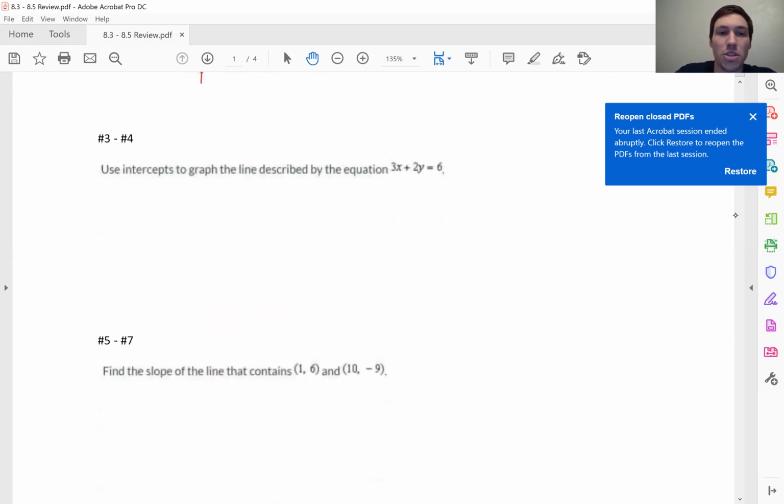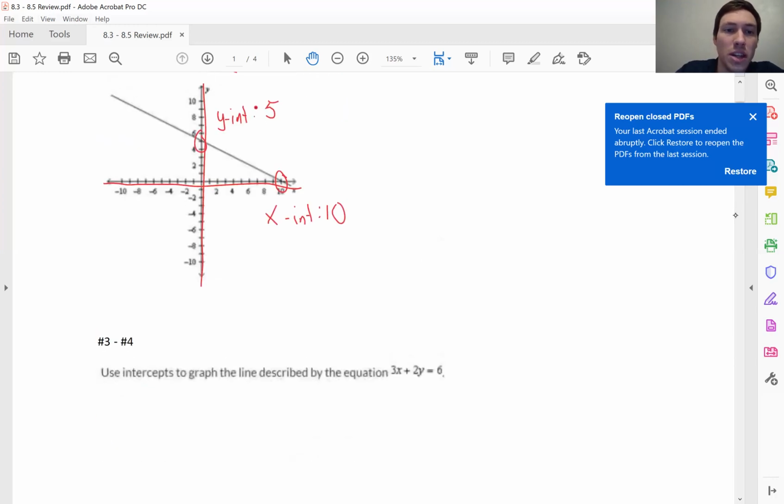Now, when it asks for it algebraically, like on questions 3 through 4, we're going to have to do some algebra here. So notice, again, this is the point 0, 5, and this is the point 10, 0.